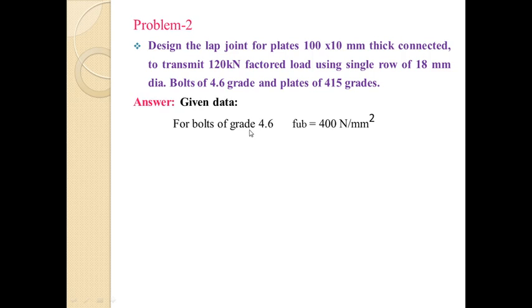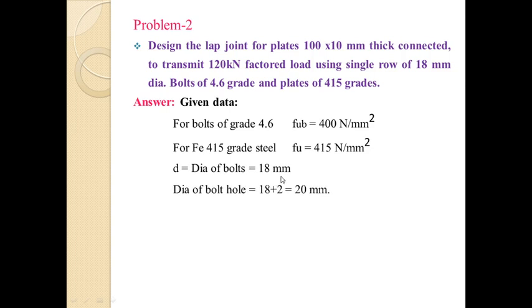First, the bolt grade is given, that is 4.6, which means we can calculate fub, the ultimate strength of bolt. It is 400 Newton per mm square. Then the plate grade is given, Fe 415, means fu is equal to 415 Newton per mm square. The diameter of bolts is 18 mm.